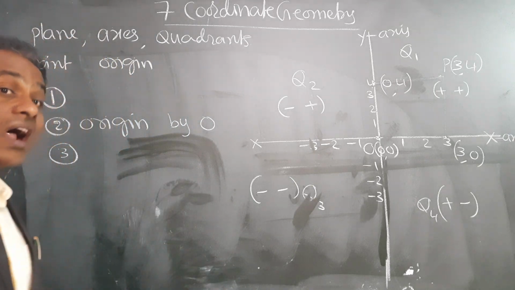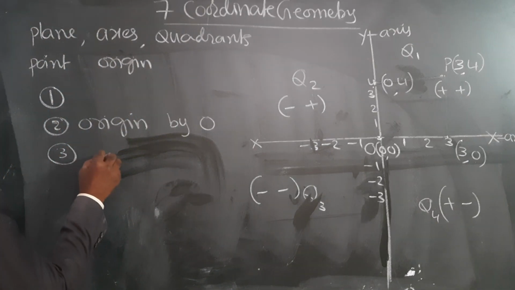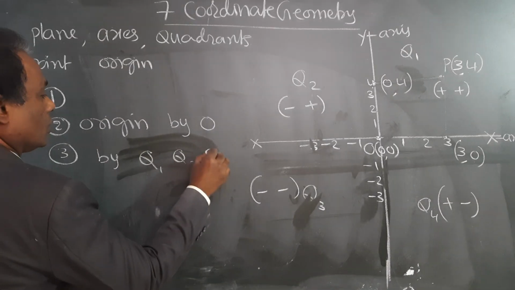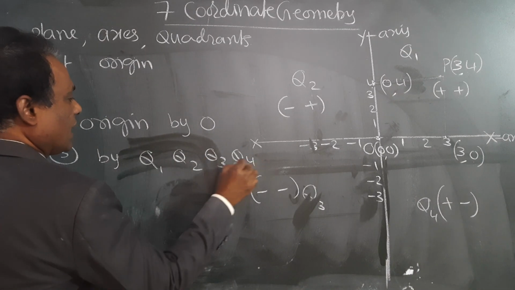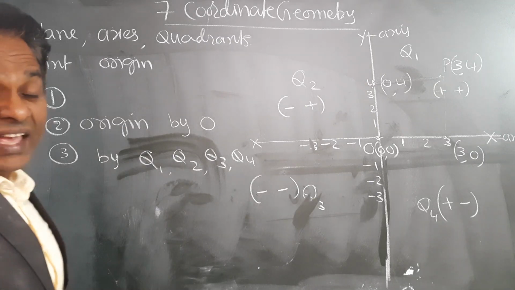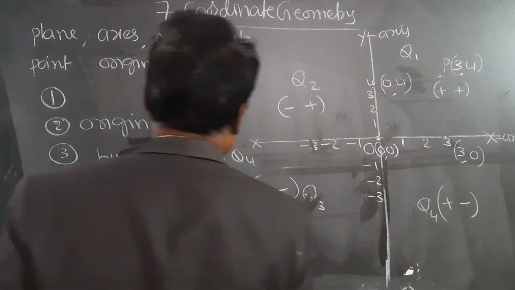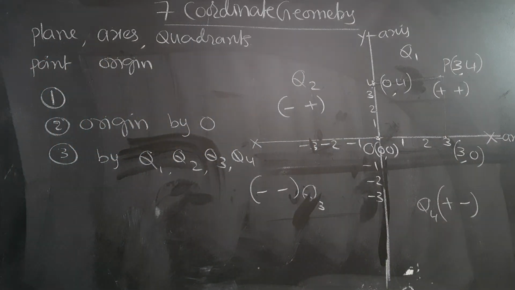They are called quadrants, denoted by Q1, Q2, Q3, Q4.